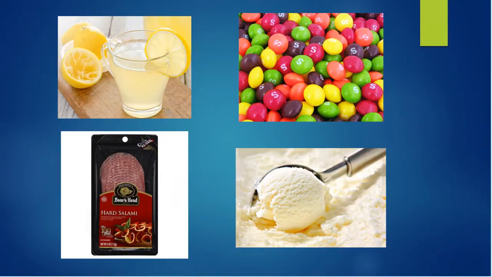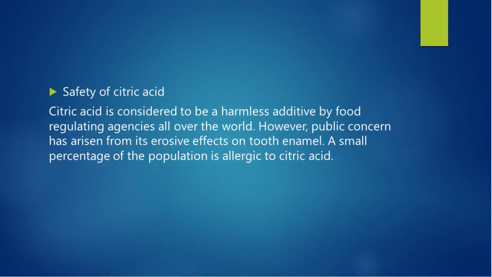From these pictures, we can see citric acid is really useful in food industry. We all know that citric acid is considered to be a harmless additive by food regulating agencies all over the world. However, public concern has arisen from its erosive effect on teeth, and a small percentage of the population is allergic to citric acid.